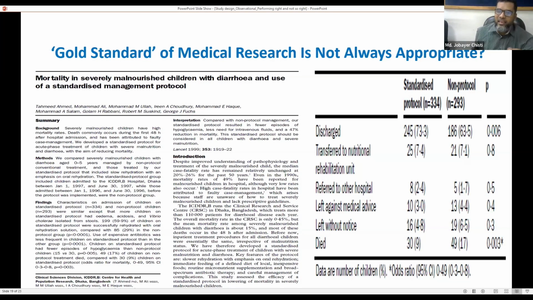That does mean that refraining from a gold standard study like an RCT, and only doing an observational study which is more relevant and more ethical, resulted in a study which is now saving millions of lives in sub-Saharan Africa as well as in Southeast Asia, including Bangladesh.